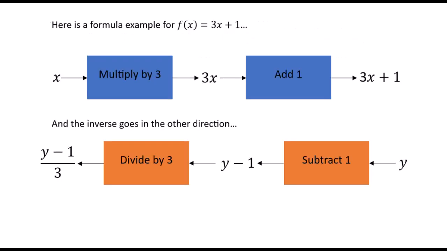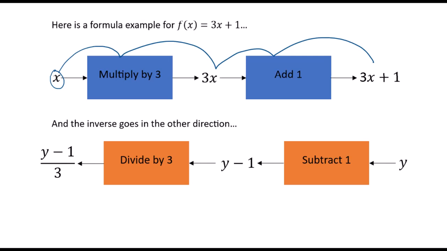Now here's a formula example for f of x equals 3x plus 1. The way the original function works is that we have an input, we multiply it by 3, giving us 3x, then we add 1, and we have this output of 3x plus 1.